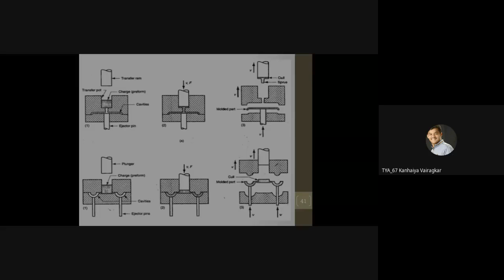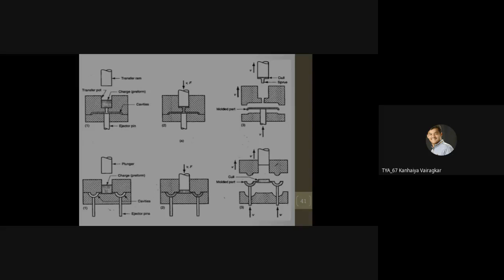See, in the first three figures horizontally, the first one is for pot transfer molding. There is one transfer pot, and the material or the charge, which is also called a preform, is shown in Figure 1, part A. That material is kept in the transfer pot, and the ram will push it inside the sprue and the cavities.